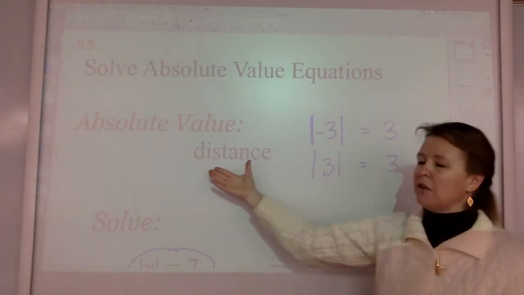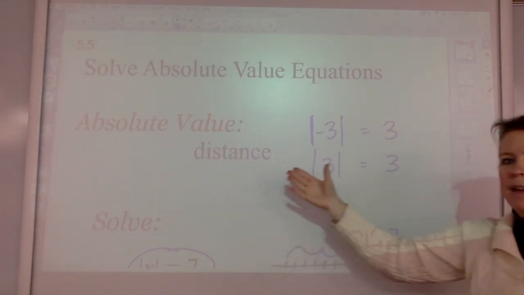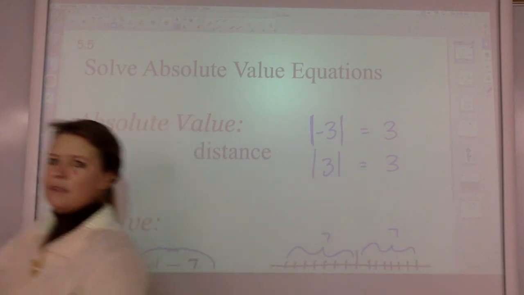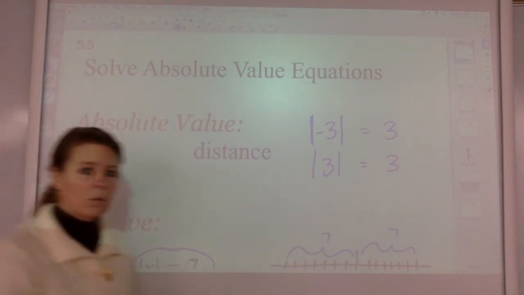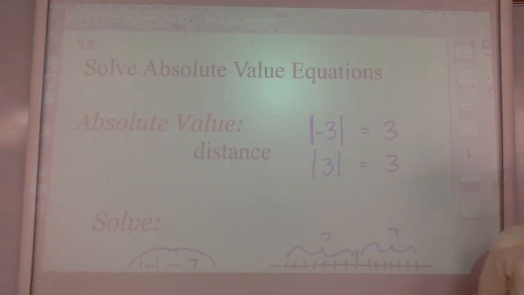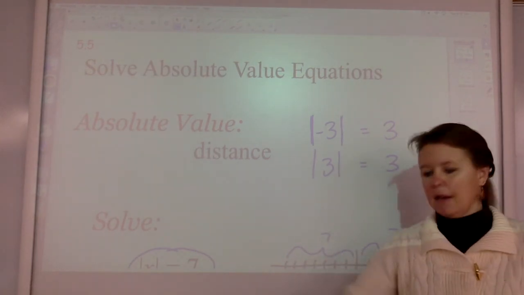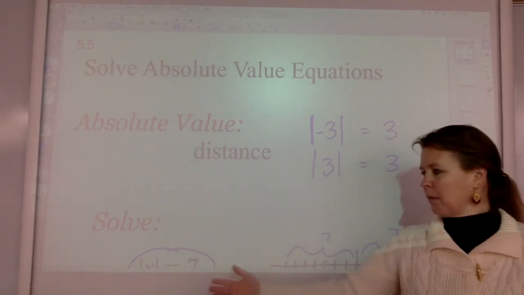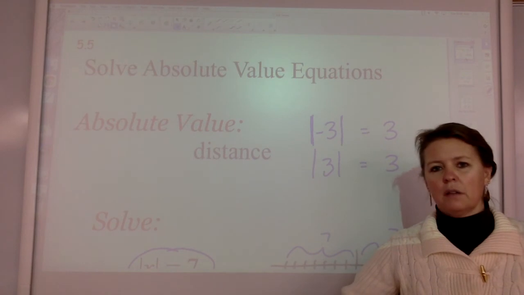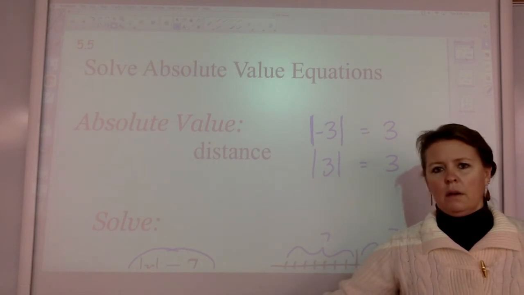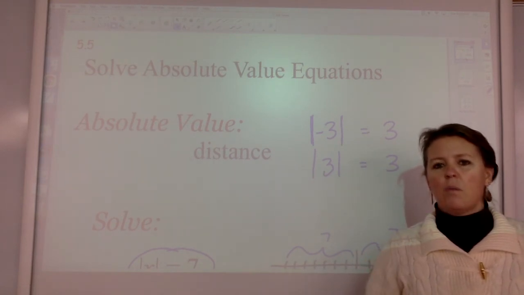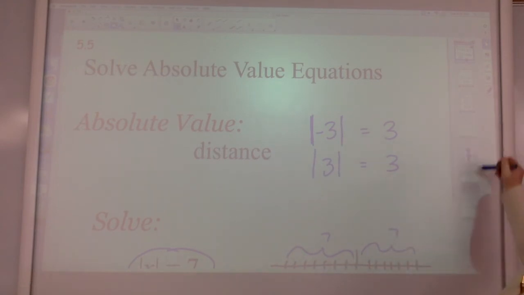Absolute value measures distance. If I take 1, 2, 3 steps this way, and I take 1, 2, 3 steps this way, either way, if I want to measure that, it's the same distance. The same distance. You don't measure distance as a negative.